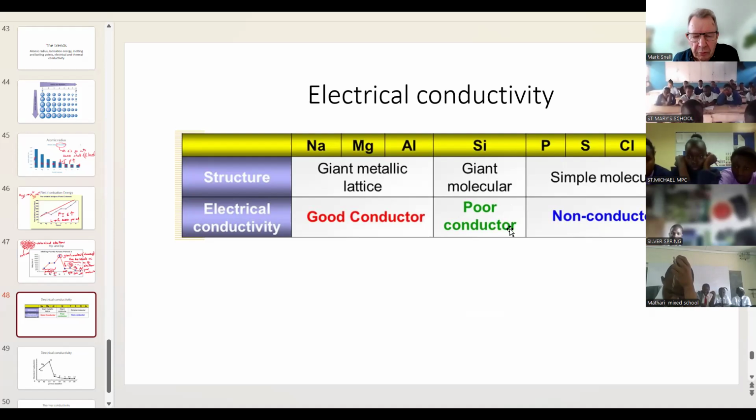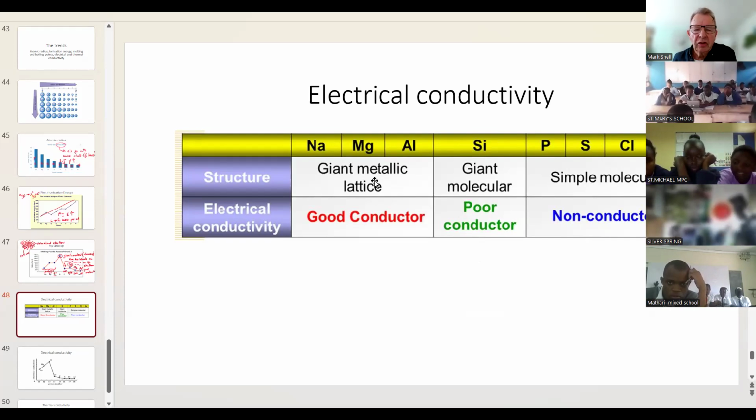If it wasn't, you wouldn't be able to hear me because my computer wouldn't work, and it uses silicon in its semiconductors. All of the next 4 are simple molecular, in other words, individual molecules, covalent, and they are non-conductors or insulators. Okay, that's important.